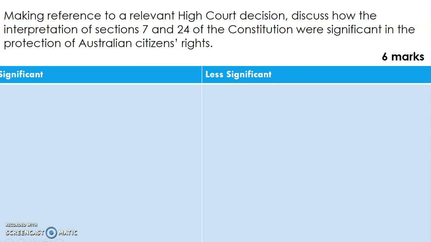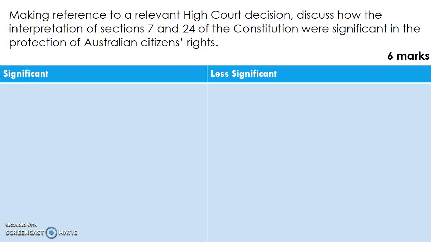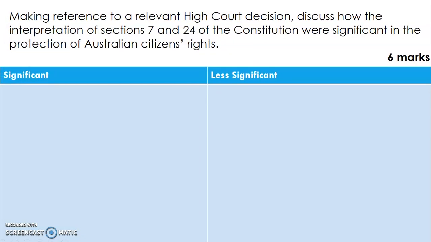All right. Okay, I'll just adjust that across. Brilliant. All right. So first of all, I know that Roach is significant because in their interpretation of Section 7 and 24, the High Court found that the Constitution mandates a system of representative government.